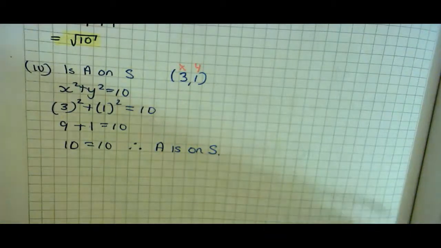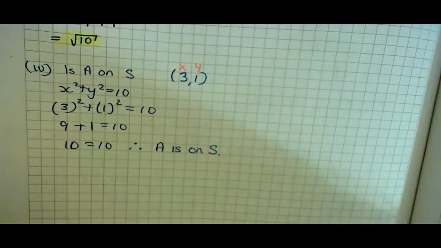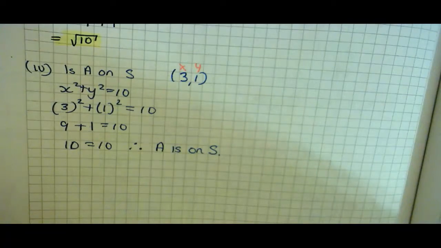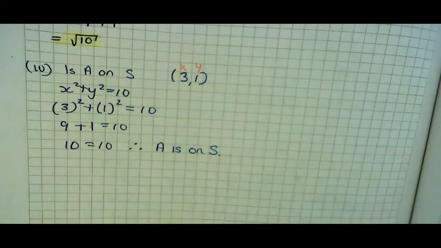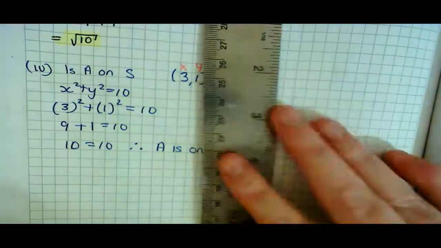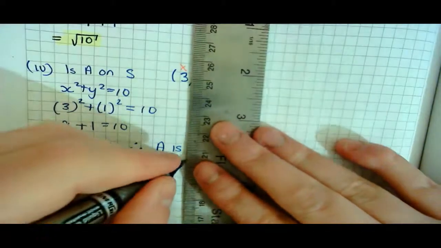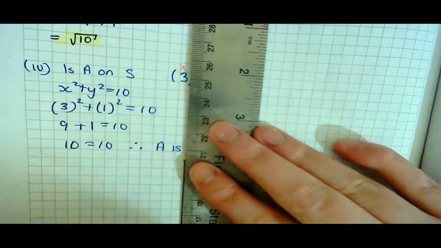So part 5 then, you're asked to construct a circle. So if I draw it out very roughly, it's going to be quite small.